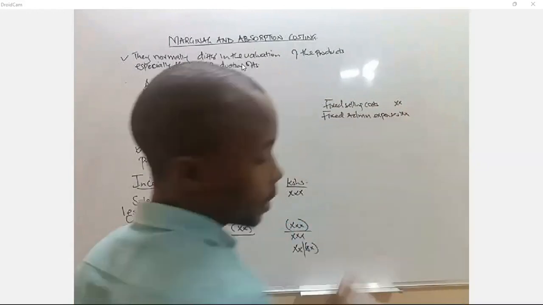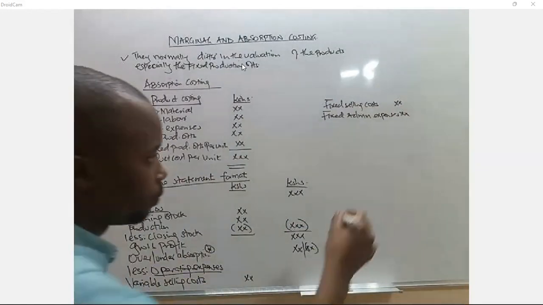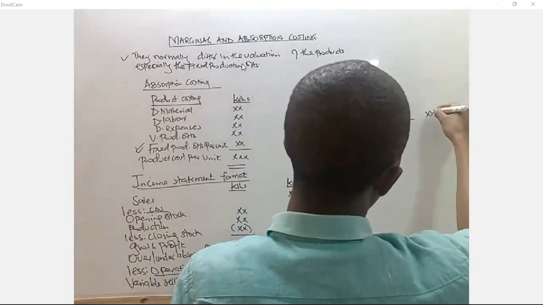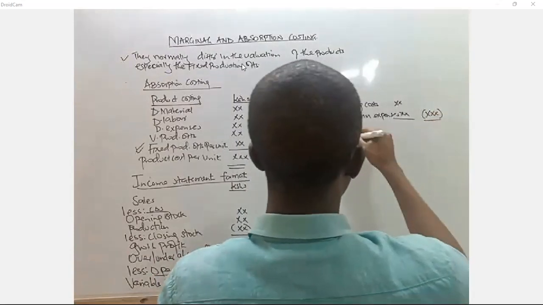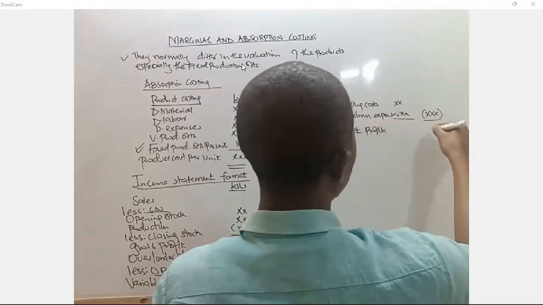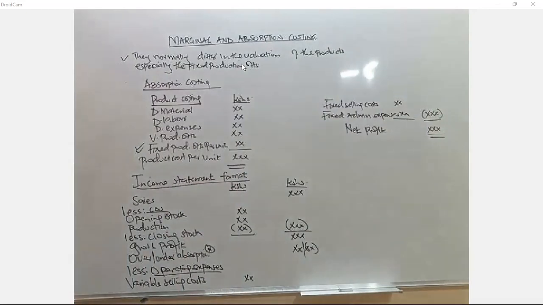We put them there. So in this case, once I get my operating expense total, then I'm going to be subtracting it directly, and I will be able to get my net profit. My net profit, I can get it there.